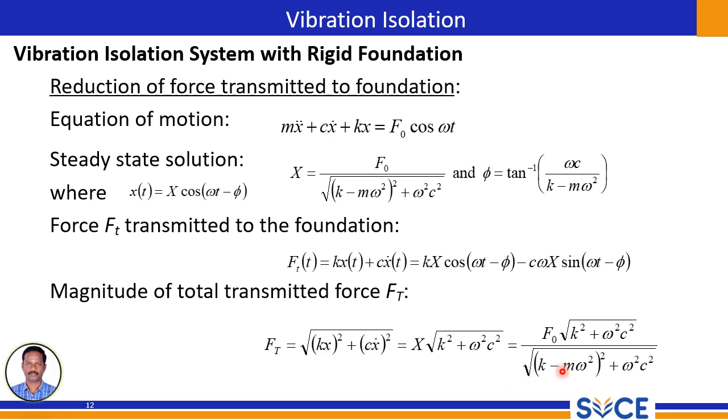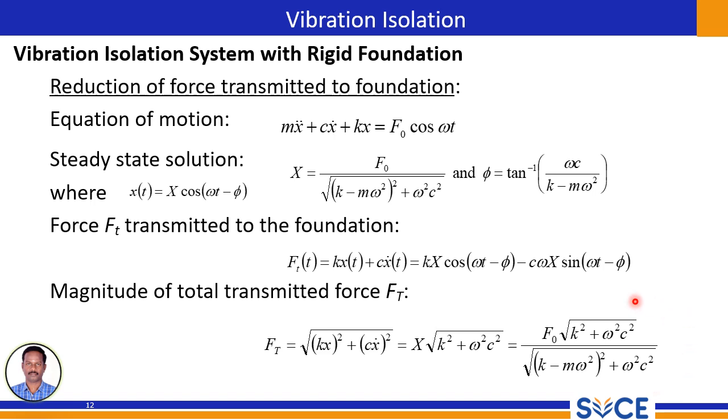Substituting the expressions for x, we finally get F naught times the square root of k squared plus omega squared c squared, divided by the square root of [k minus m omega squared] squared plus omega squared c squared.